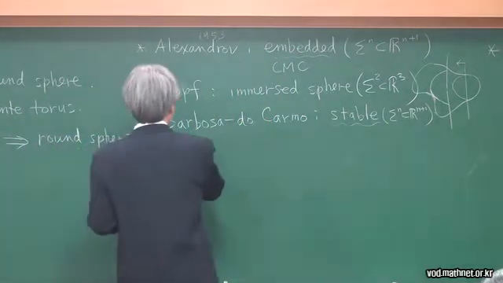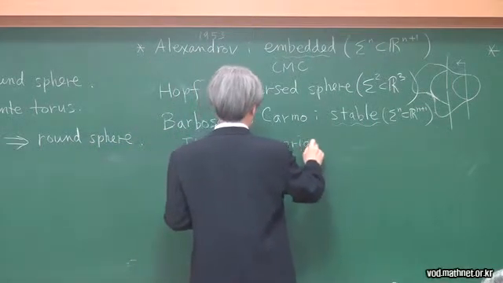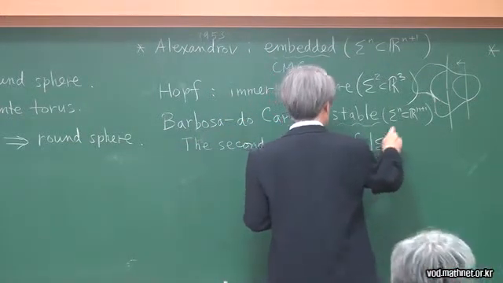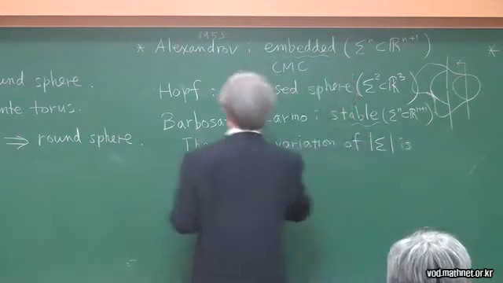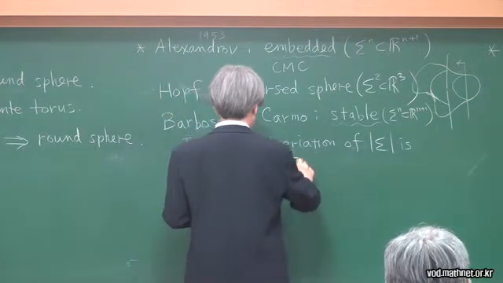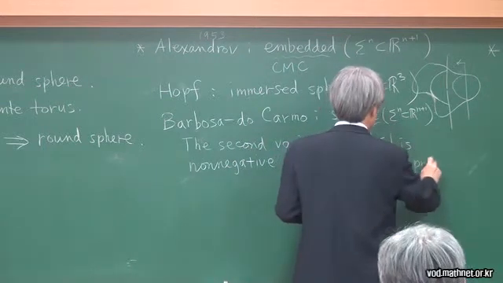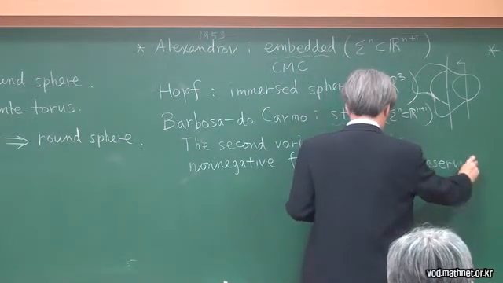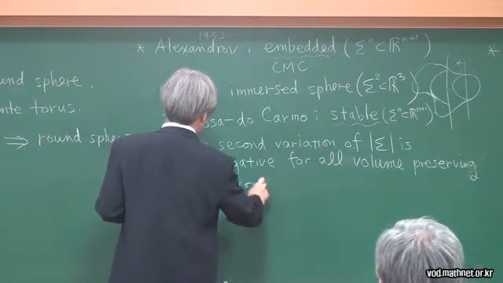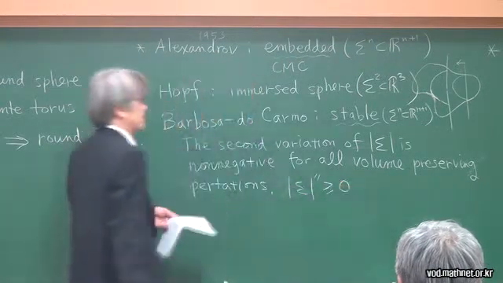The second variation of the surface area of sigma is non-negative for all volume preserving perturbations. So the second derivative is positive.